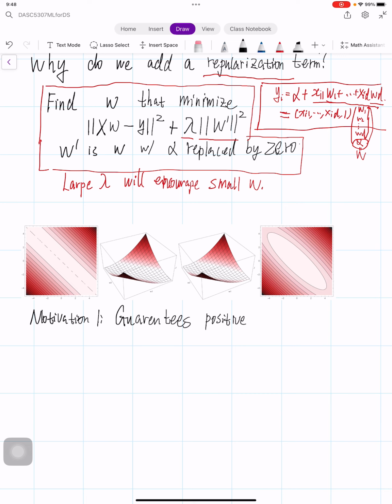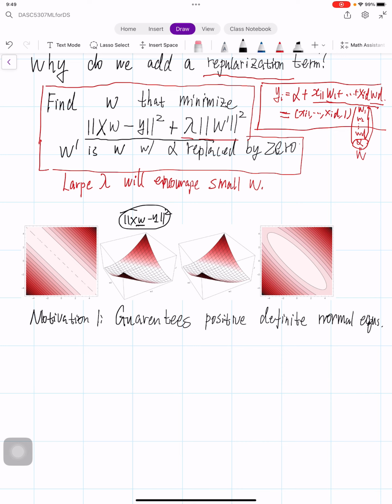For example, in this plot, you can think of this as a cost function, Xw minus y, and this is a contour plot for the normal equations.